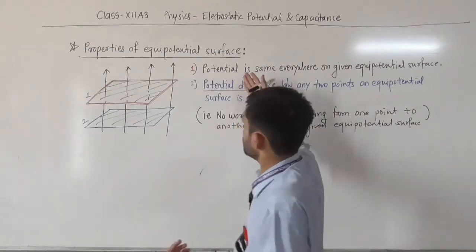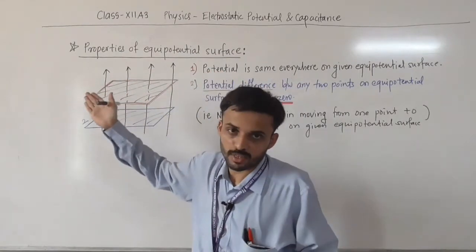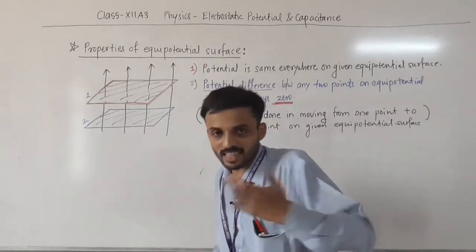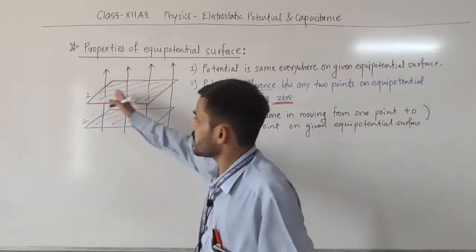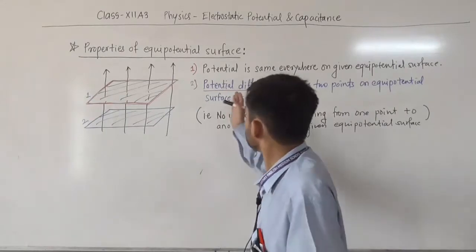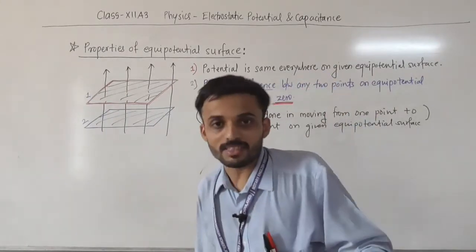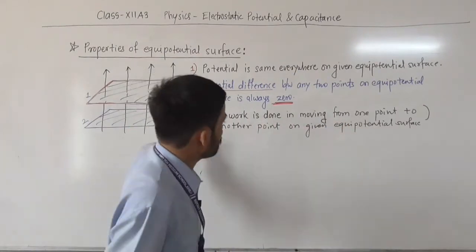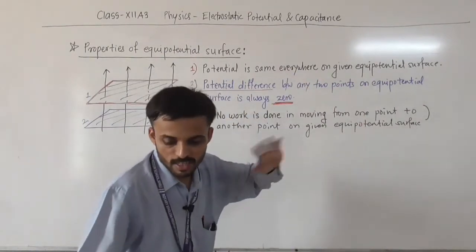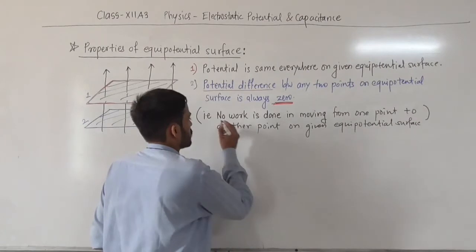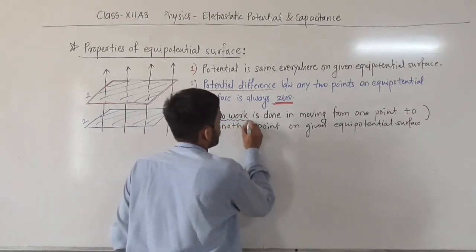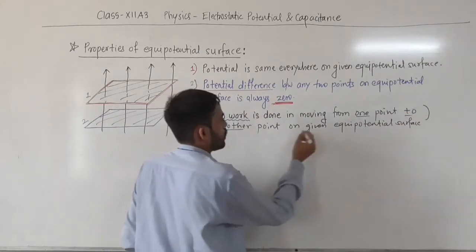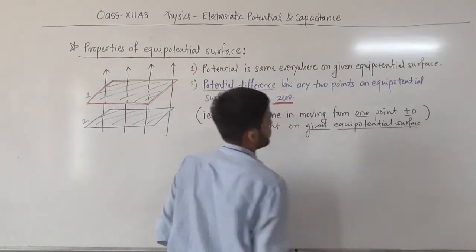Then it is found that on the equipotential surface, if potential is same everywhere, it means the potential difference between any two points is 0, and it means that if we have to move from one point to another point, we will require no work. So no work is done moving from one point to another point on given equipotential surface.